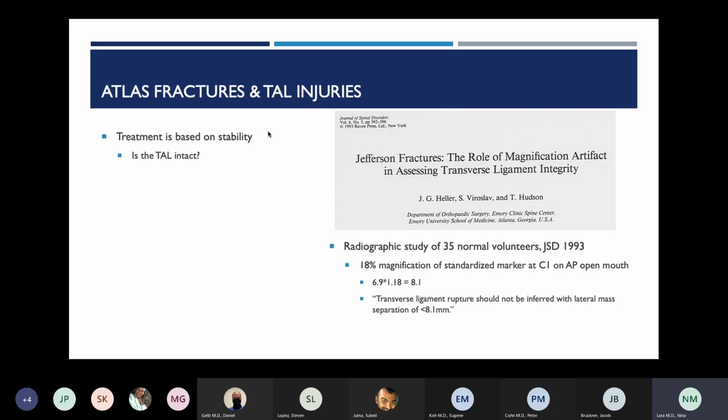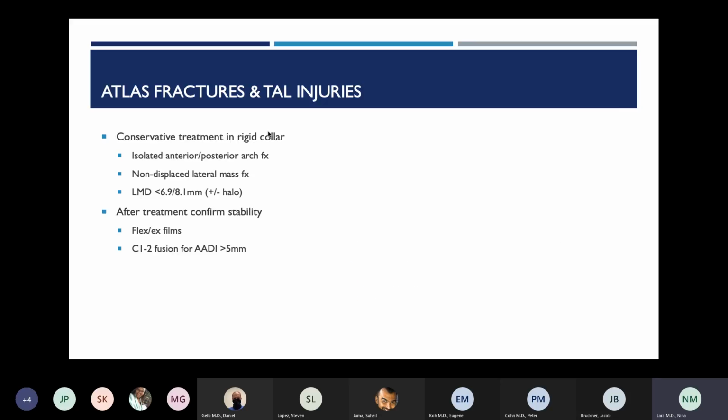This was a study from Heller et al. in '93, and they looked at 18% magnification looking at C1 on an open mouth view, and found that with magnification, transverse ligament rupture should not be inferred with a smaller overhang measure. They recommended a sum of 8.1 millimeters.